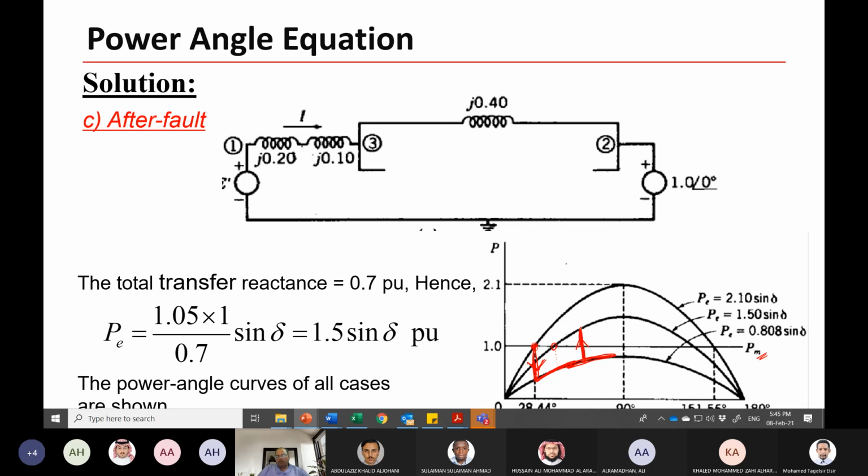When we clear the fault, what will happen? Of course, this is acceleration or deceleration. Will the machine here accelerate or decelerate? It will accelerate. Why?